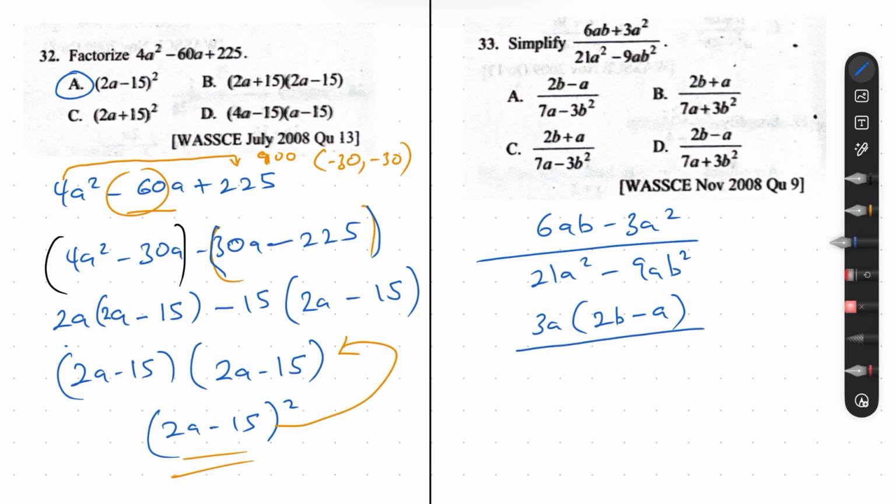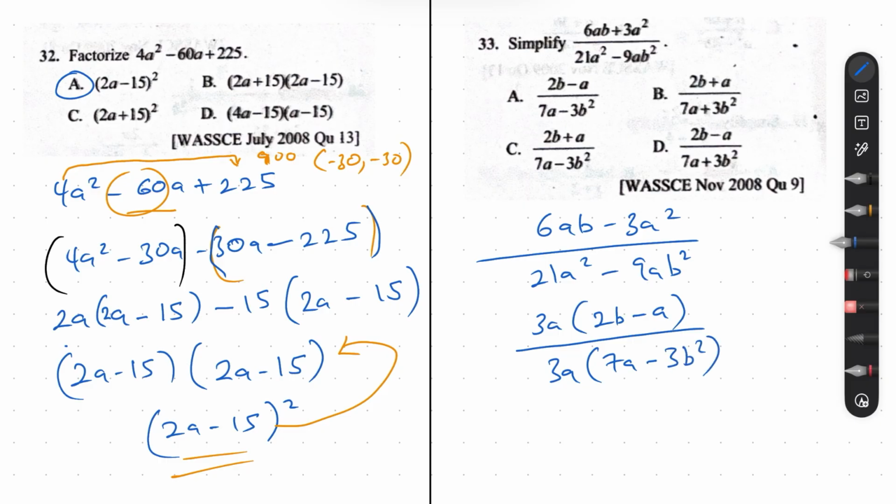And then on the bottom, we can also factor. a is common here and here. And also we can factor out 3 because 3 can go into 9 and into 21. So let's factor 3a out. So we have 7a minus 3b squared.